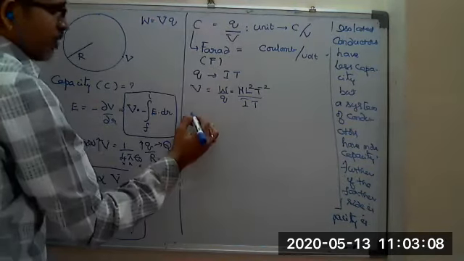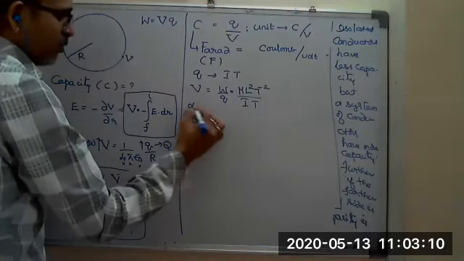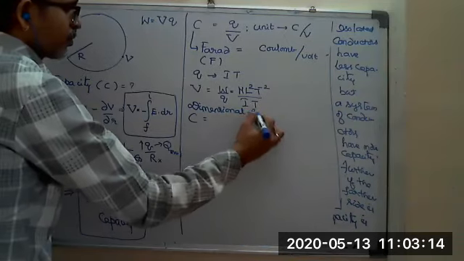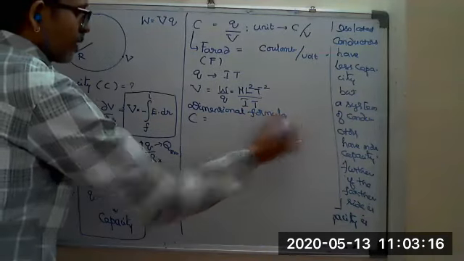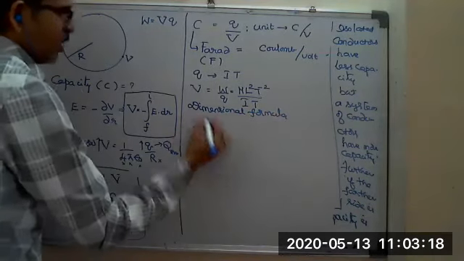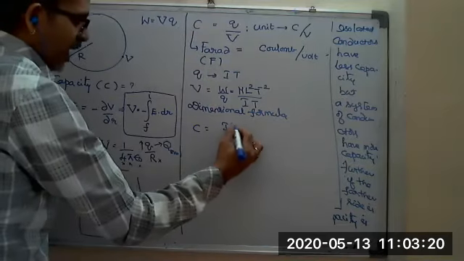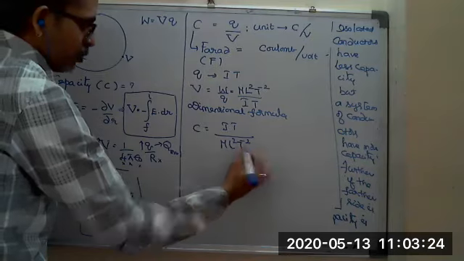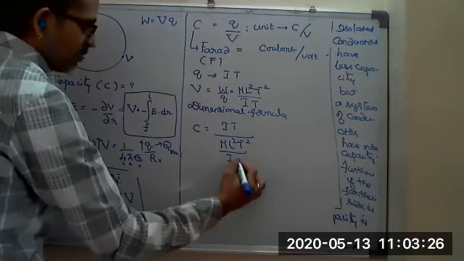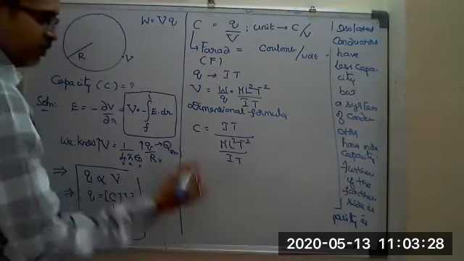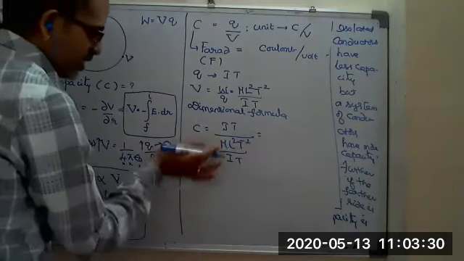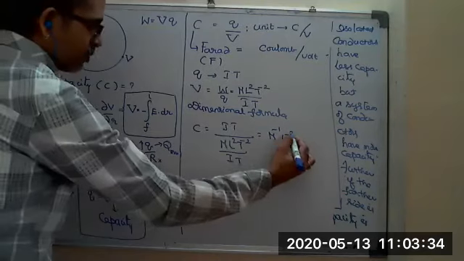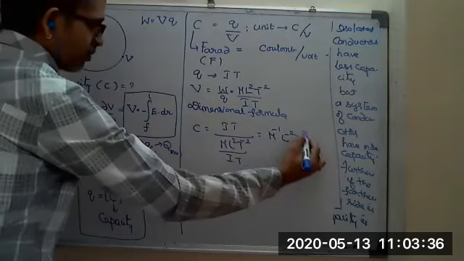So if you substitute the capacity dimensional formula, what do you get? C equals Q, that is IT, by ML square T power minus 2 by IT. W by Q. So I'm getting M power minus 1, L power minus 2, T square.